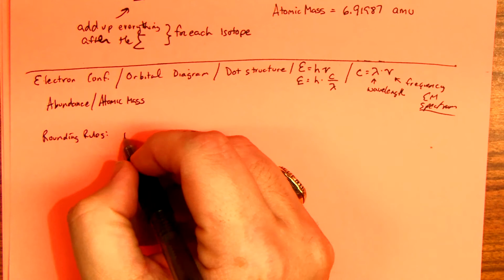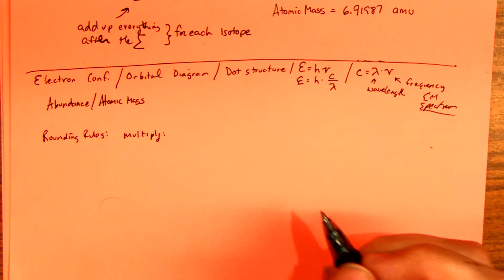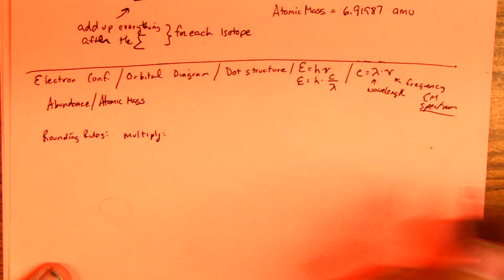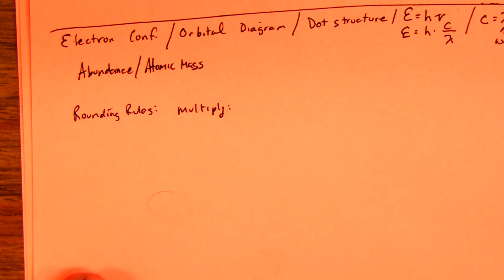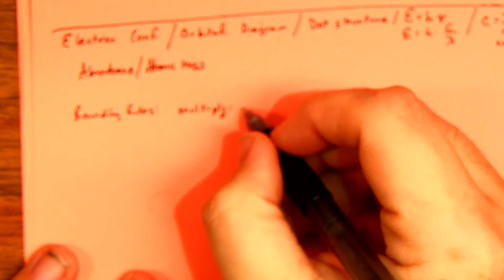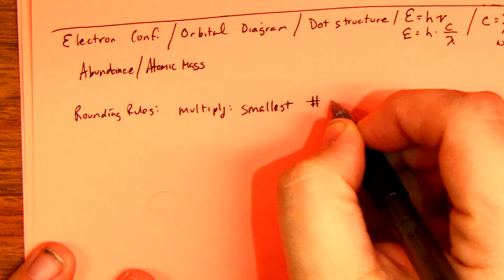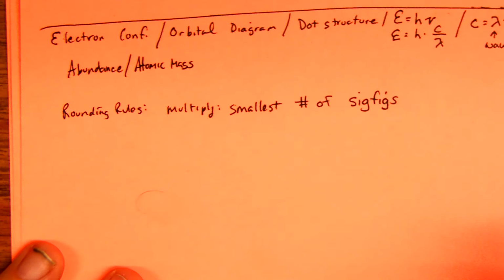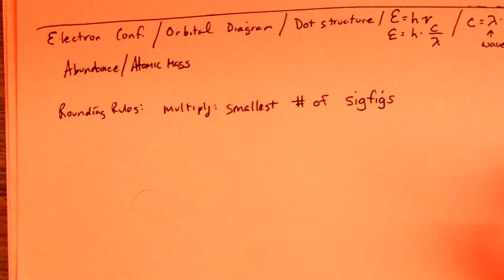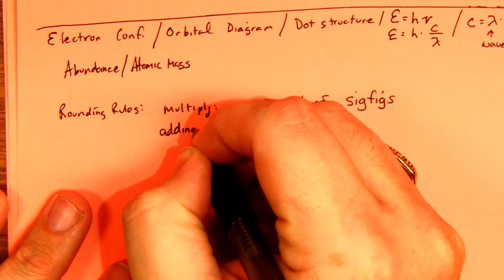Now, rounding rules. When you multiply, all right, so what are the rounding rules when you multiply? For multiplication, it's going to be the smallest number of significant digits. When you're adding, it's just going to be what?